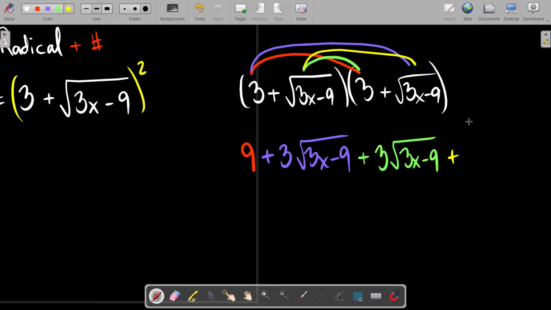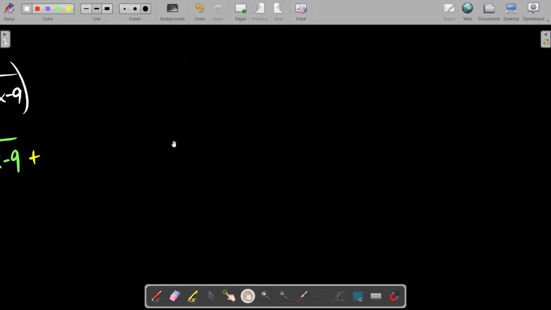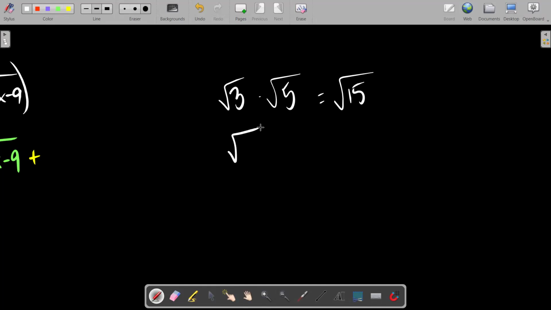The thing about this is that those roots are identical to each other. So under normal circumstances, if I gave you a square root of 3 times the square root of 5, I need you to know that that's the square root of 15, right? It is what it is. However, if we're fortunate enough to have two square roots that are the same, we can bypass the middle step, right?